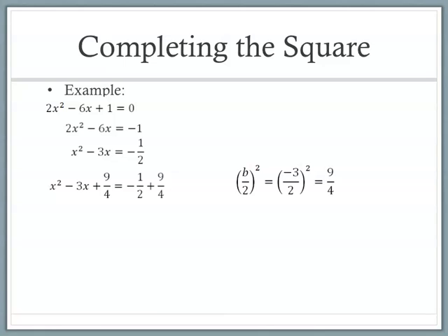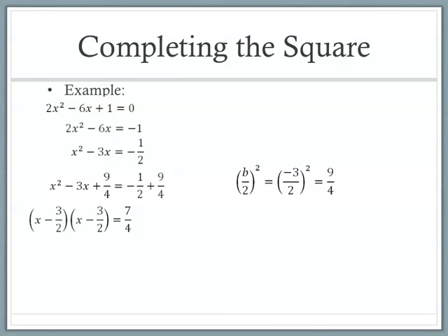The easiest trick that I use is I look at what b over 2 is equal to before squaring. So in this case, that would be the negative 3 over 2 that was inside the parentheses before it was squared. So I can write this as x minus 3 over 2, x minus 3 over 2.